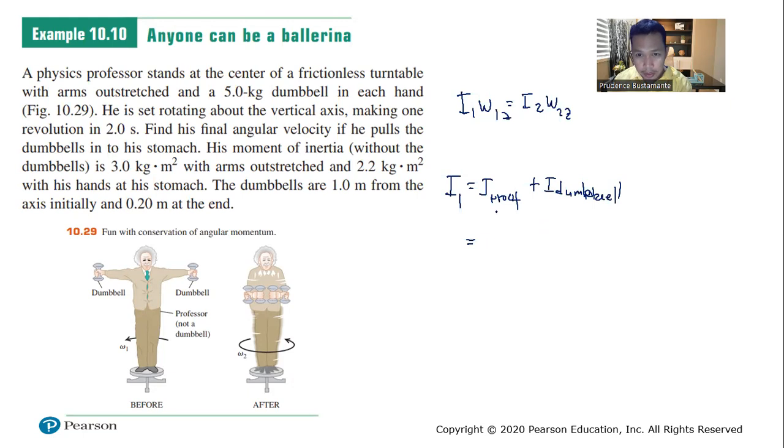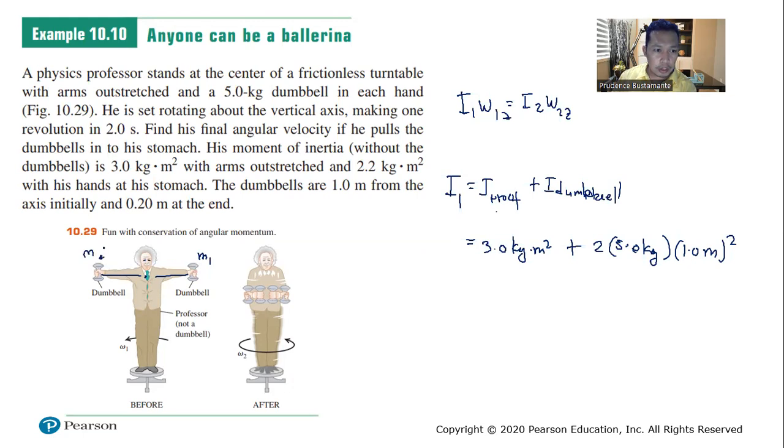This is given, which is 3.0 kilogram meters squared. With the dumbbells, we have 2 times the mass, 5.0 kilograms, times the distance, 1.0 meter squared, since we have two equal masses at the same radius.